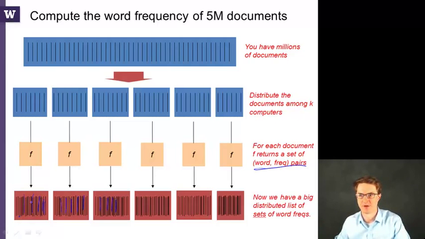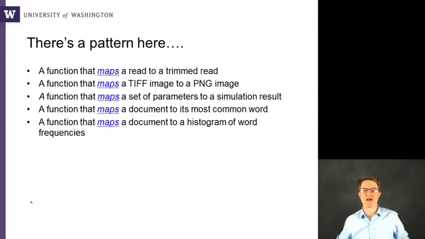So there should be a pattern here, right? We have a function that maps a read to a trimmed read. We have a function that maps a TIFF image to a PNG image. A function that maps a set of parameters to the simulation result, which is the simulation itself. We have a function that maps a document to its most common word. And we have a function that maps a document to the histogram of its word frequencies. So these kinds of tasks we think we know how to do in parallel.